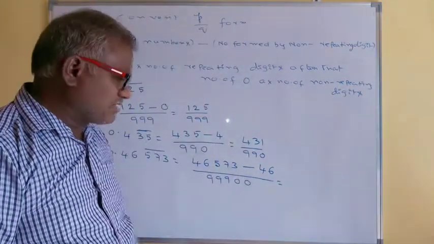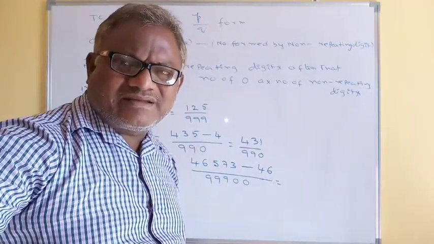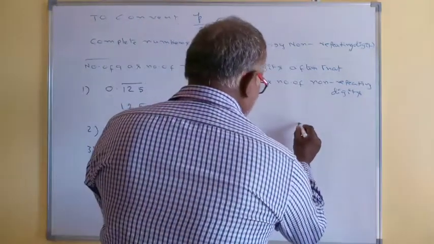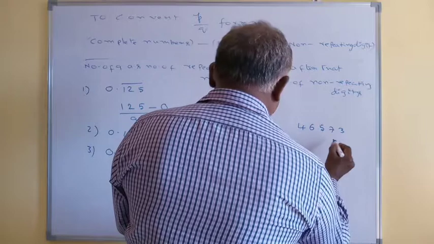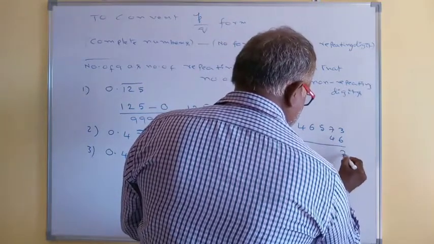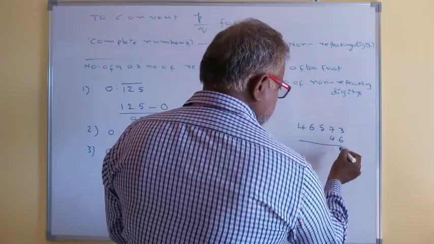Now subtract that one. What will we get? You have to subtract 46 from 46573. That means 13 minus 6, 7.